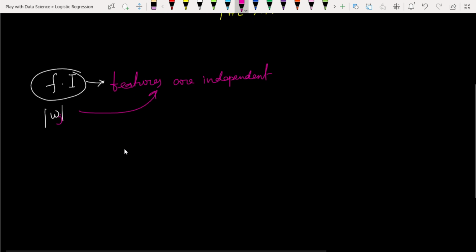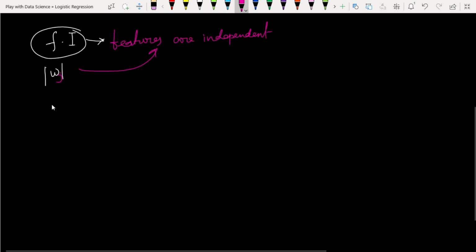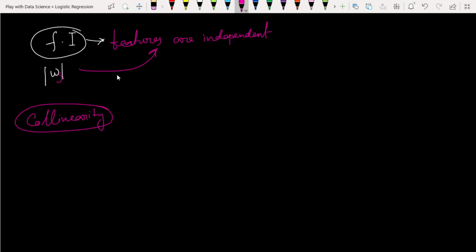But the one main problem is collinearity. So now come to the collinearity concept. What is collinearity? This is the main problem: Wj is not as suitable when our model features are collinear.